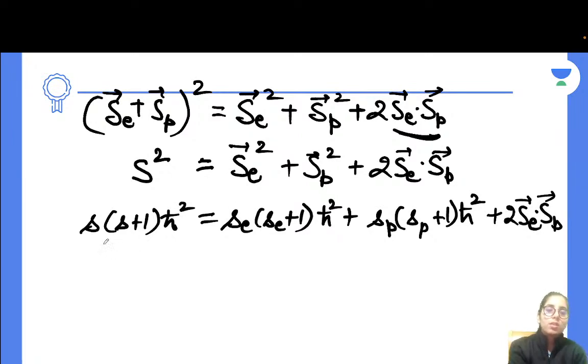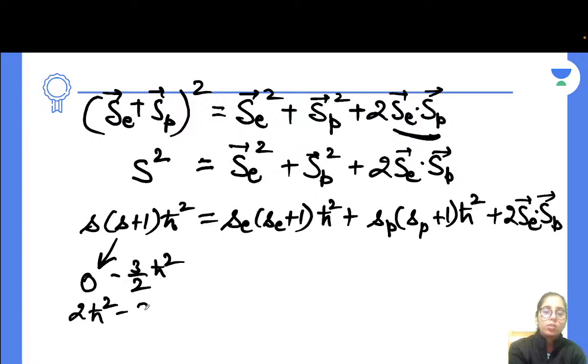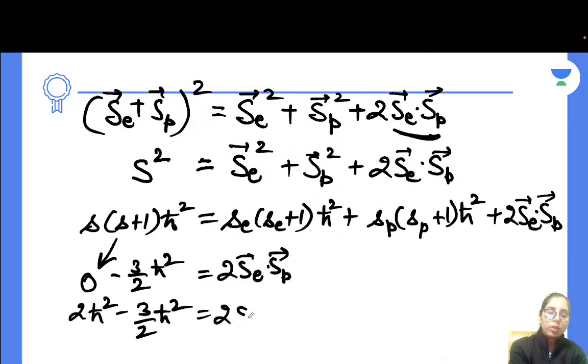Now the next thing is you take it one time as 0, so it will give you 0. Another time you take it as 1, it will give you 2 h cut square. Minus 3 by 2 h cut square minus 3 by 2 h cut square, and this is equal to 2 SE dot SP. Done. And this is also equal to 2 SE dot SP.